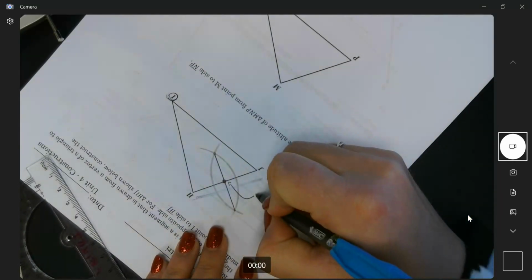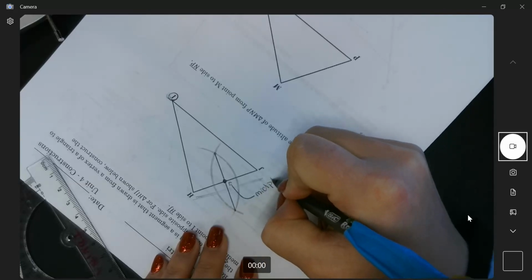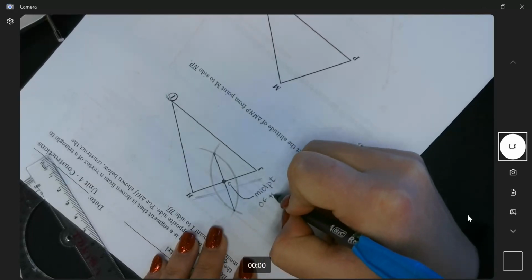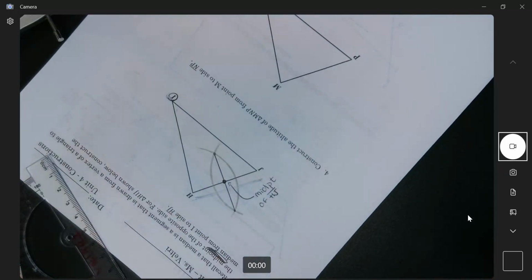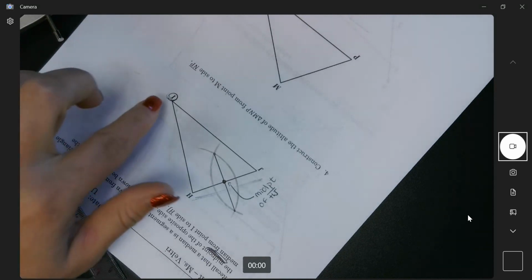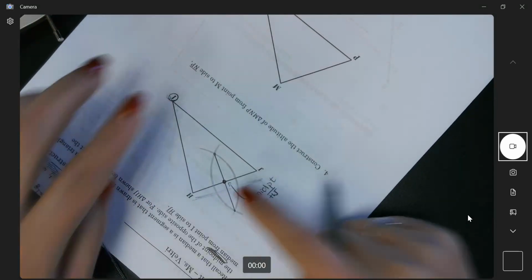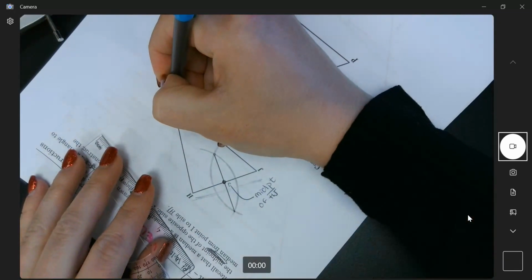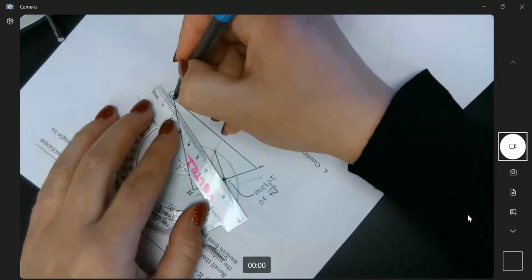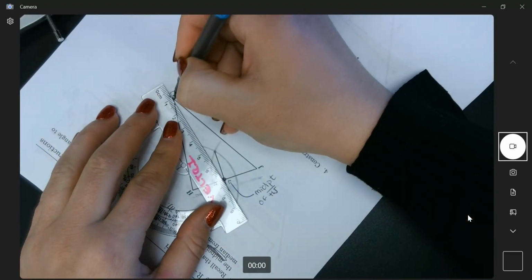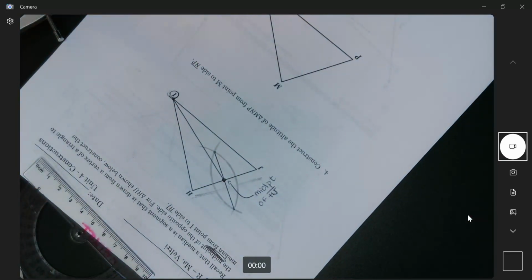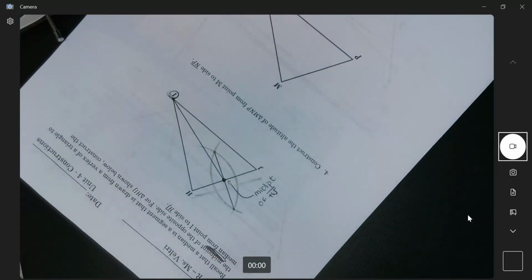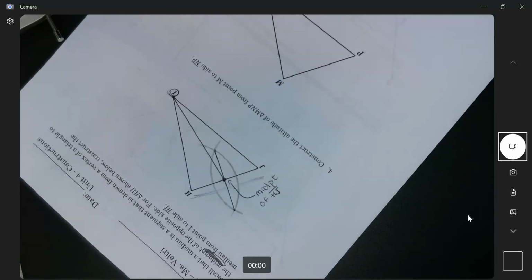This is the midpoint of HJ. Because the median connects the vertex to the midpoint of the side opposite of it, I'm going to connect I to this midpoint. There you go. That's our median. Okay, so that's for question 3.